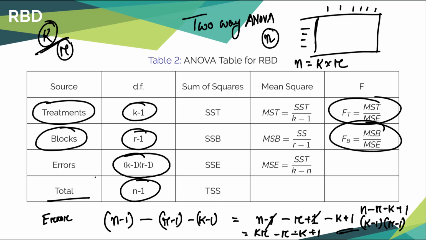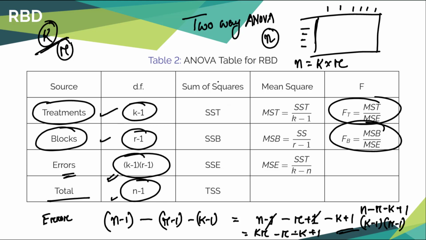So this is the degrees of freedom for error. How do we get the error degrees of freedom? If you subtract treatment degrees of freedom and block degrees of freedom from total degrees of freedom, you will get error degrees of freedom.